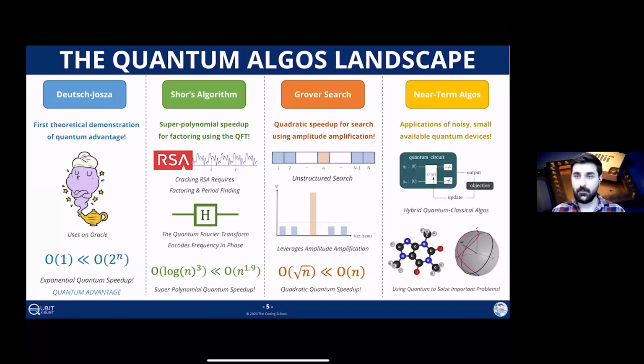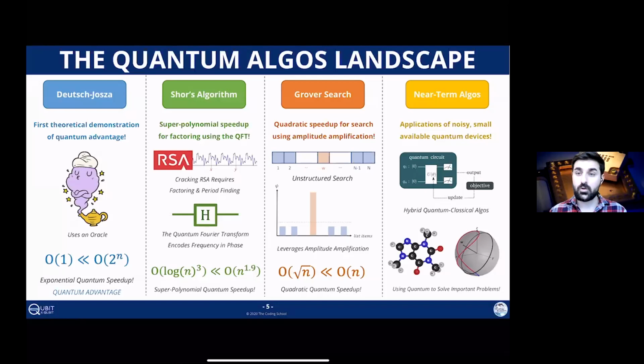Whereas classically, if you want to figure this out, you need to do at least 2 inquiries to see if you get a different output or not. And that was a very early demonstration of some form of quantum advantage, proposed before Shor's algorithm, in the 80s.